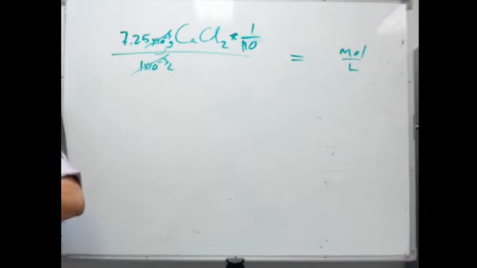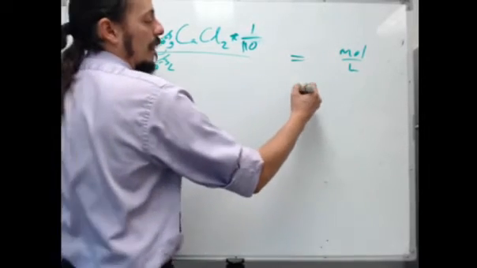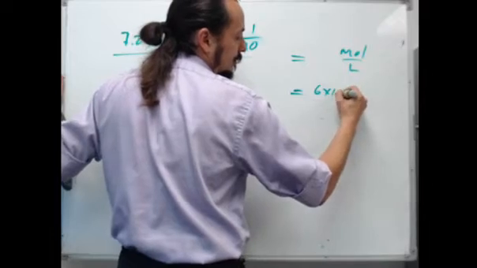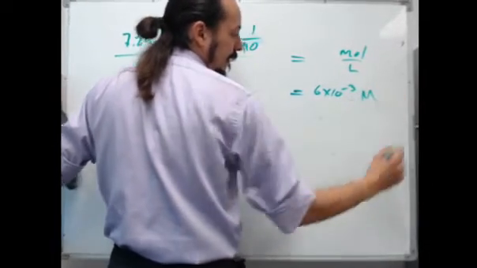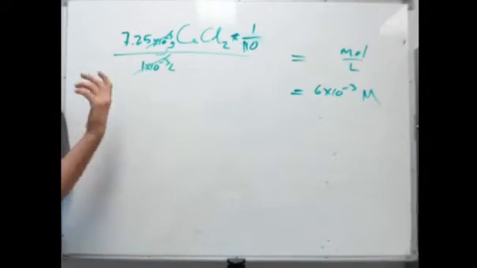So that's going to be 7.25 divided by a little bit more than 100, which is going to be 0.00725 or 0.006, 6 times 10 to the minus 3? I'm just doing that in my head.